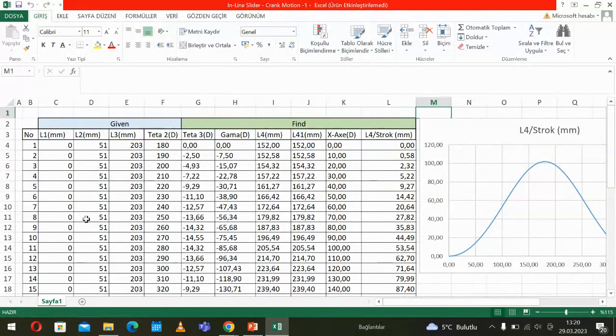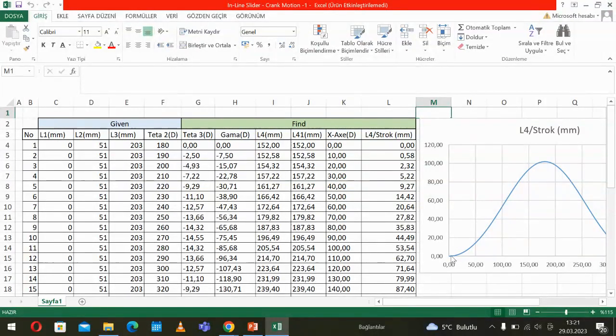Stroke is actually, let's calculate it. Stroke is 2 times L2, and L2 is 51, so 51 times 2 is 102, the maximum stroke.